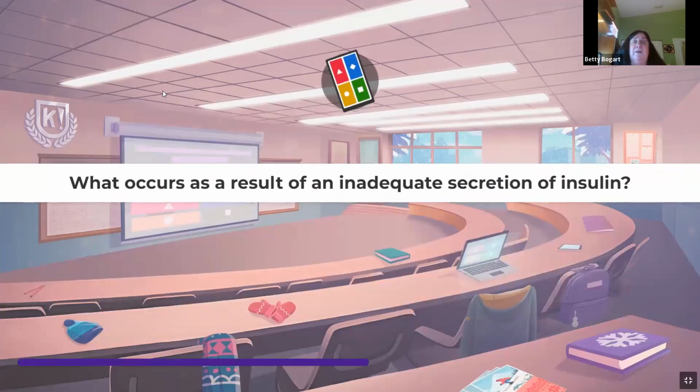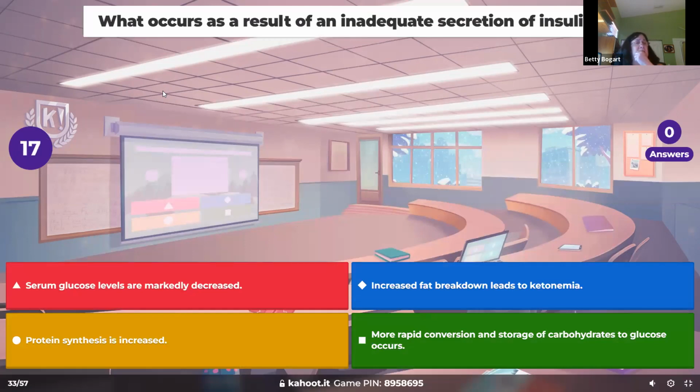What occurs as a result of an inadequate secretion of insulin? If you don't have insulin, what happens?